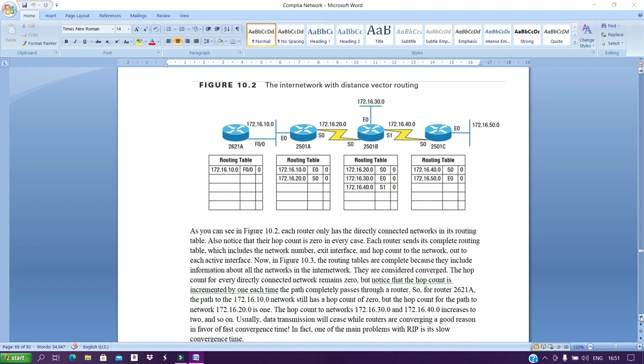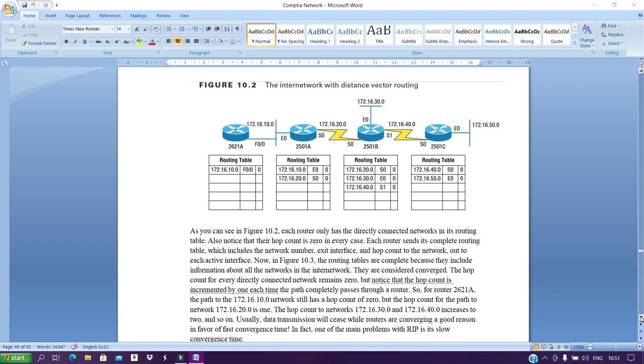So here you can see figure 10.2, the internetwork with distance vector routing protocols. As you can see, each router only has its directly connected networks in its routing table. Also notice that their hop count is 0 in every case. Each router sends its complete routing table, which includes the network number, exit interface, and the hop count to the network, out to each active interface.